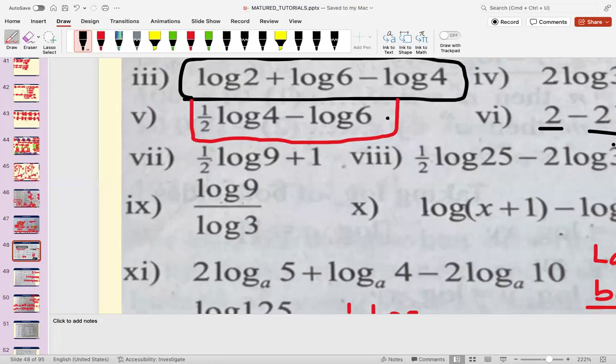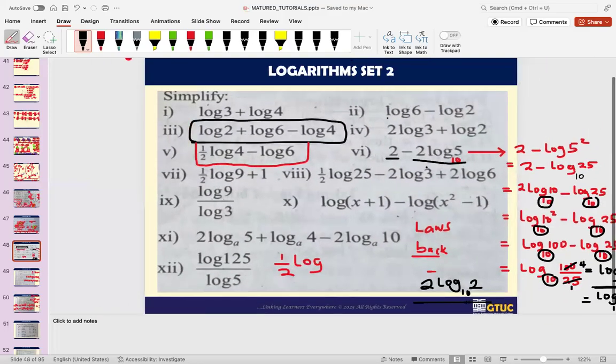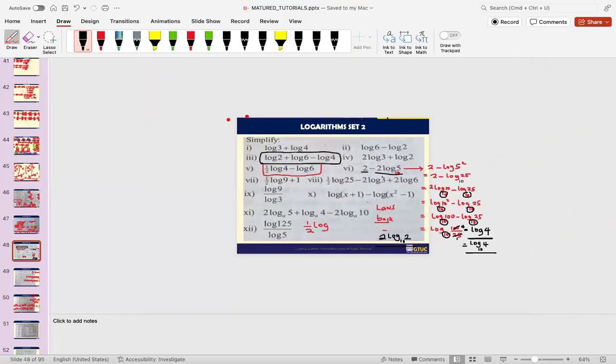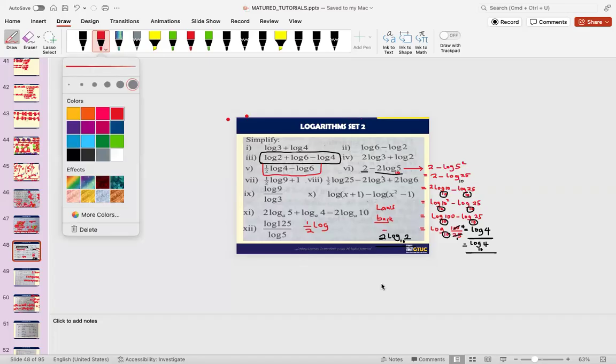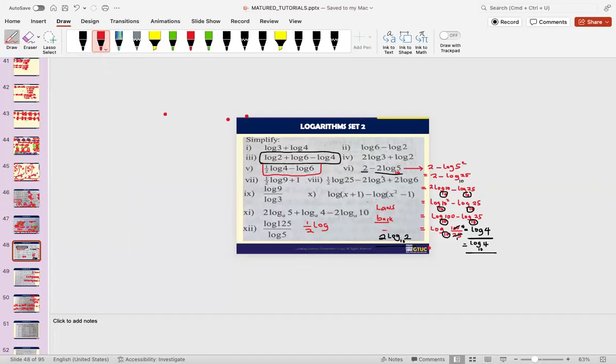So let's work VII as our next question and see the results we get. I need more space, so let me put it here. Our next question is we should solve half log 9 plus 1.